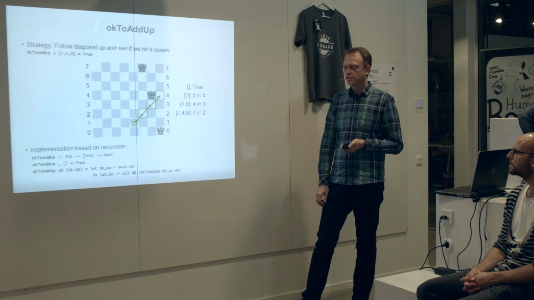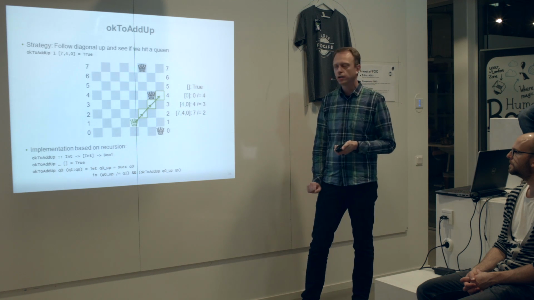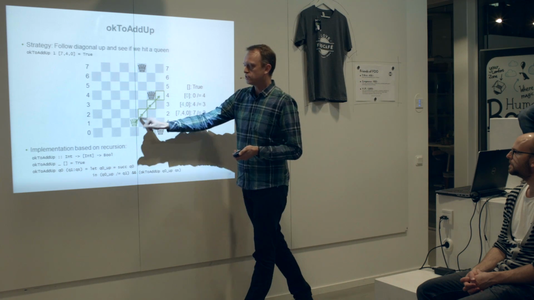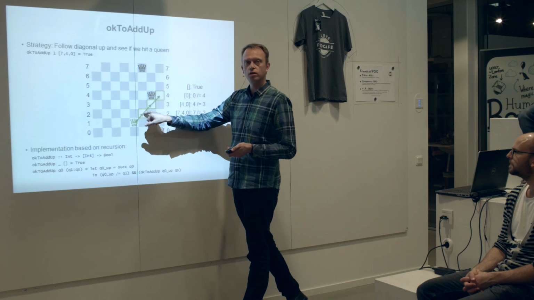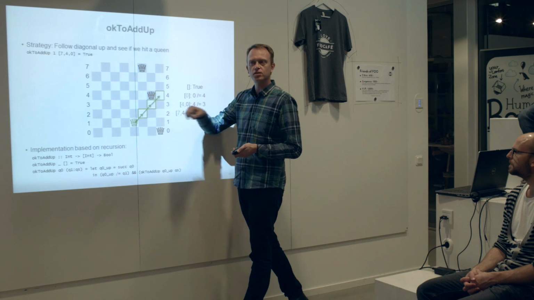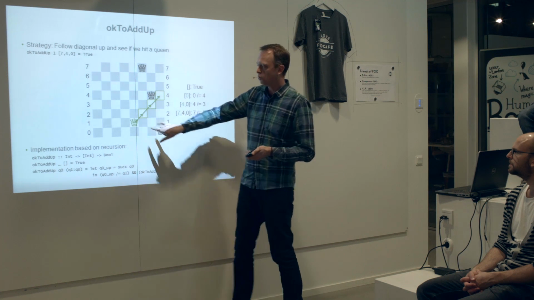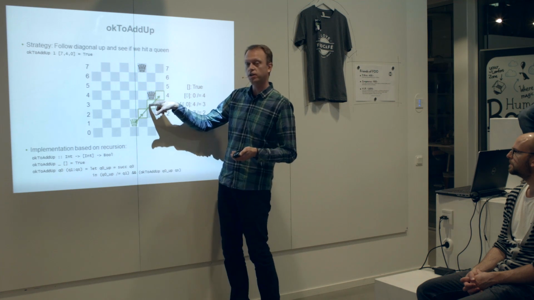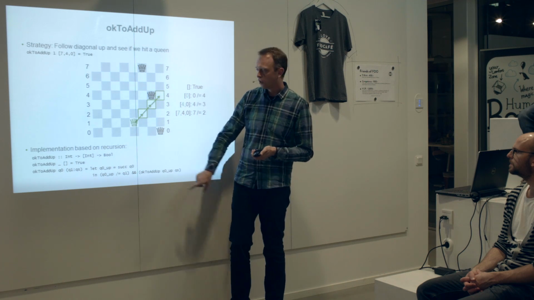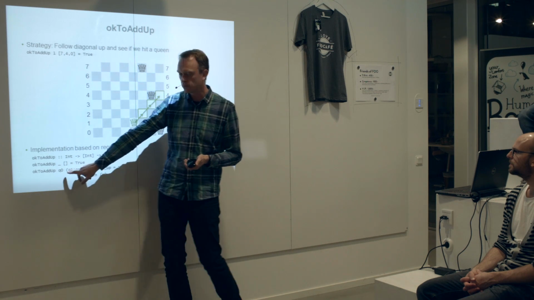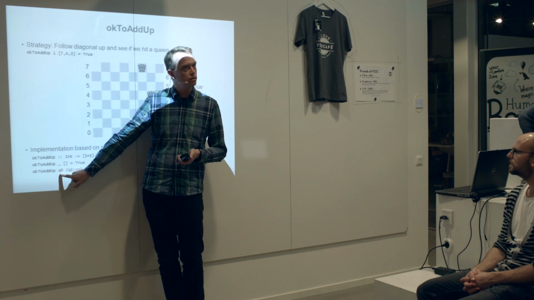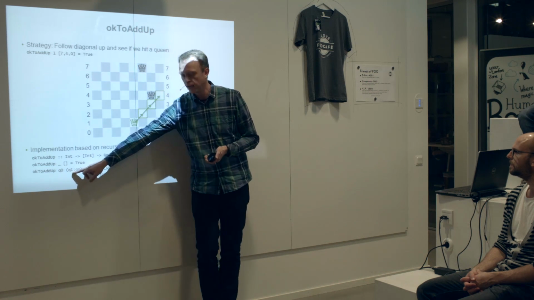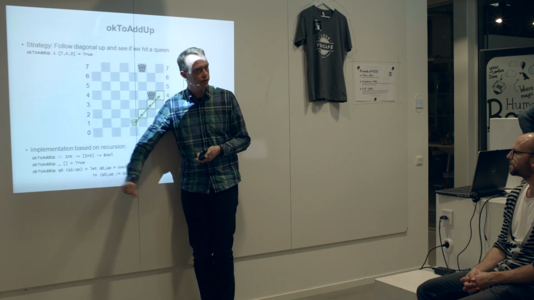The recursive case is a little more complicated. So what am I doing here? Well, for each step here, we want to increment 1 to see if there is a queen on the place that is up to the right from where we are right now. And as we are doing recursion, we sort of traverse this one here and continuously increment 1. So I'm doing this. Here I'm first pattern matching on these queens. So I put a name on the queen I'm trying to add, Q0. And the head of the partial solution I call Q1.